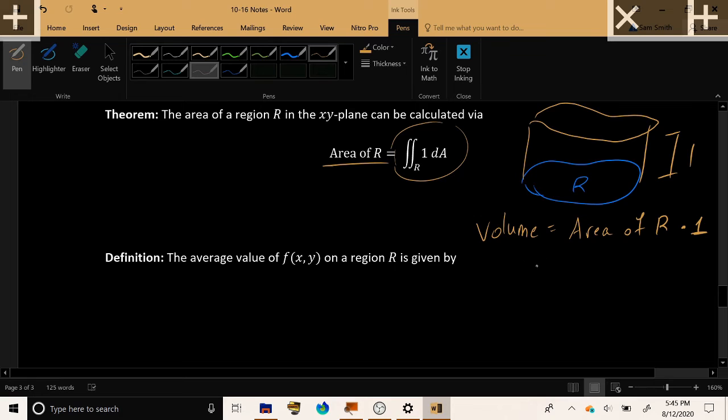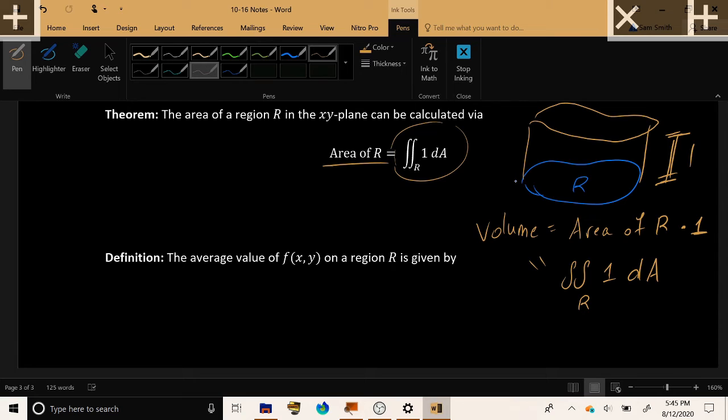Now the volume can be found by integrating the height function 1 over the region. And so this is how we get this sort of equation. A volume can be thought of as an area. The volume with a height of 1 is equal in value to the area at the base. I know it's a really quick explanation. It's not meant to be too deep. It's just something that might help you think about it, perhaps.